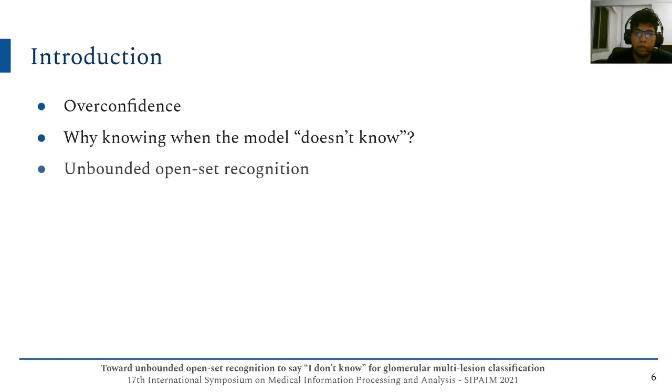So, in this work, we wanted to perform multi-lesion glomerular classification without bounding the inputs to glomerular domain or non-glomerular domain. This task is called Unbounded Open Site Recognition, where we only care about classifying the images into in or out of distribution, also called OOD.